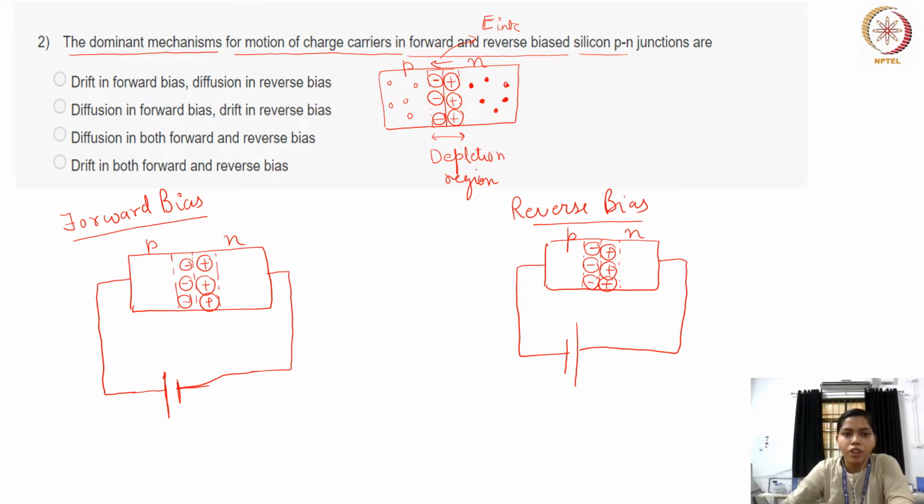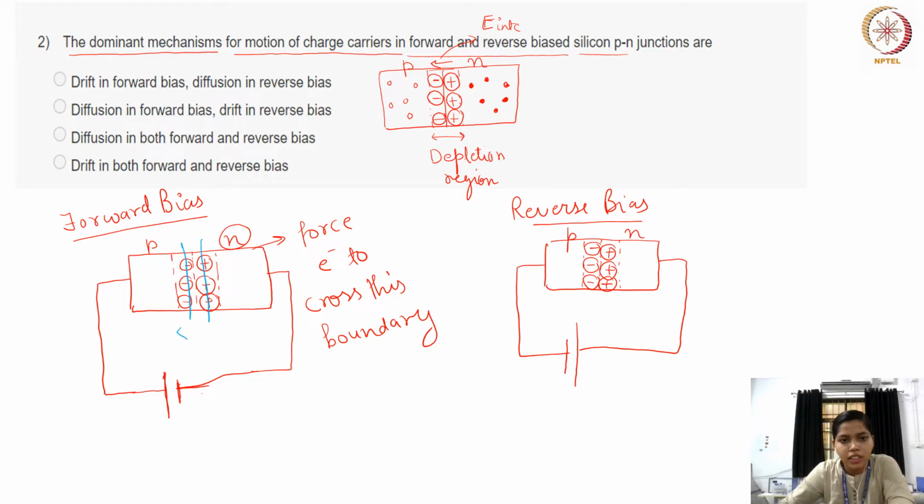Under the forward bias condition, you can see this negative terminal is connected to the N side. So that will force the electrons to cross this barrier, this boundary, which is your depletion region. And also under the forward bias condition, the width of this depletion region will decrease.